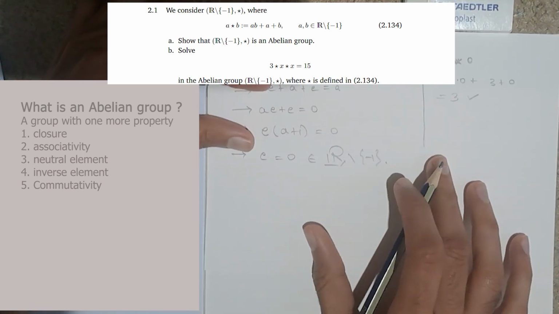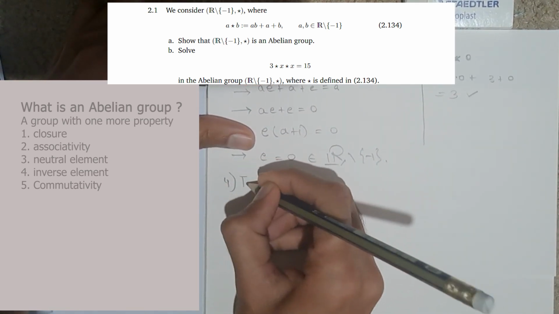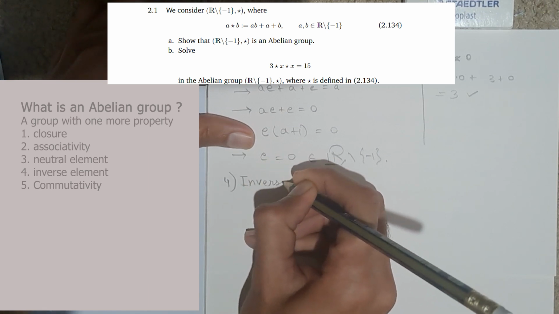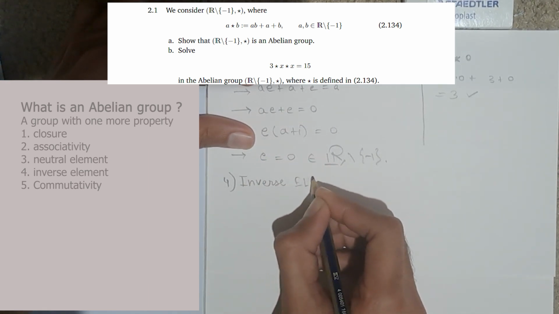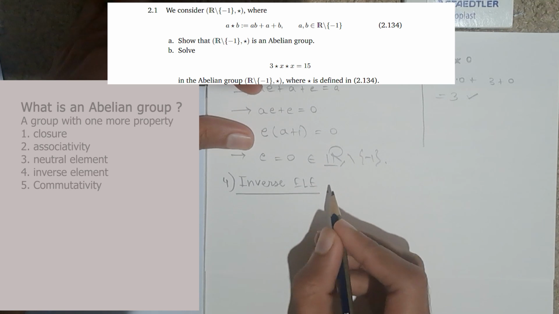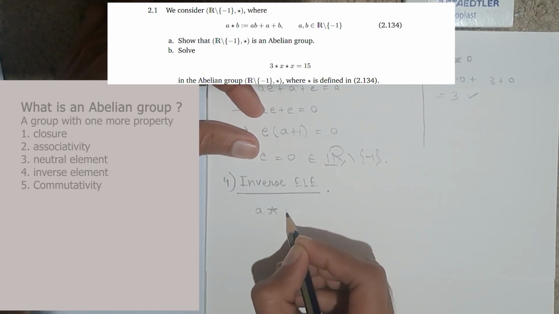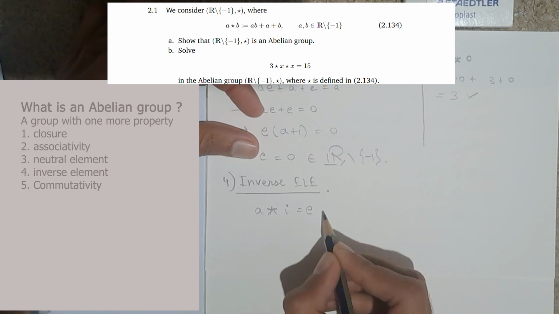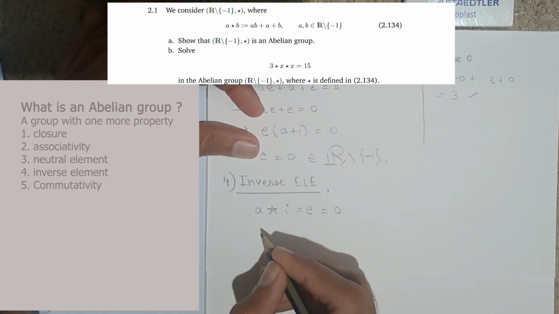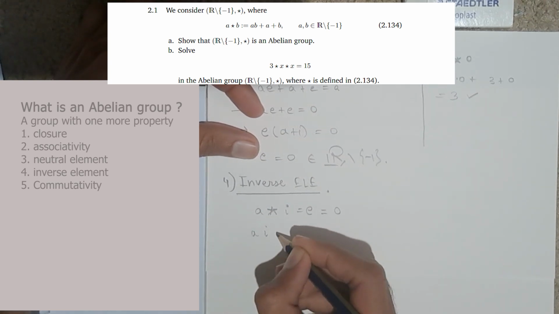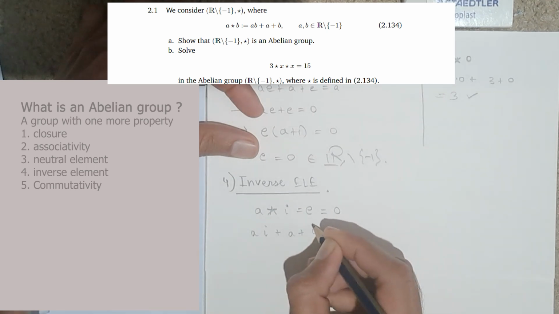Let's talk about inverse right here. Inverse element requires you to prove A star I gives you E. We already found E to be 0. So you must find AI plus A plus I, which gives 0.